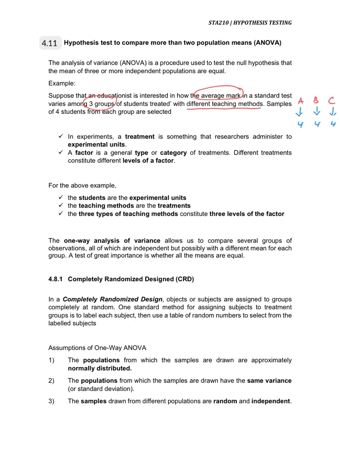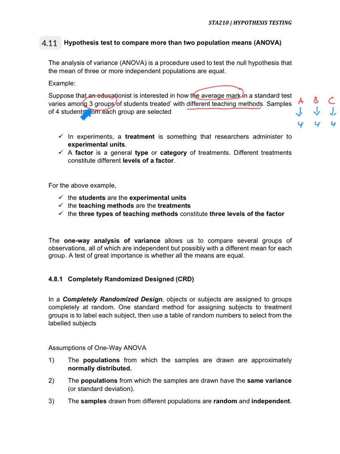In summary, the one-way analysis of variance allows us to compare several groups of observations, all of which are independent but possibly with a different mean for each group. A test of great importance is whether all the means are equal.